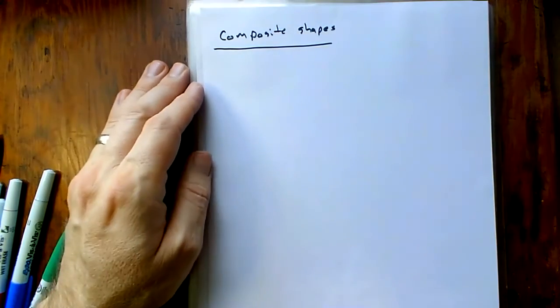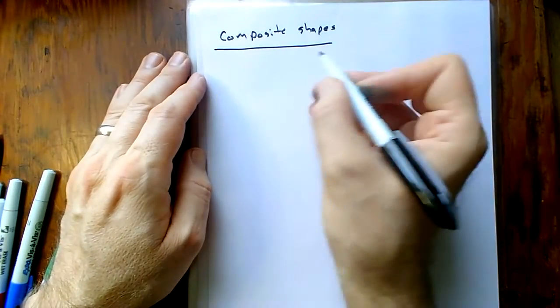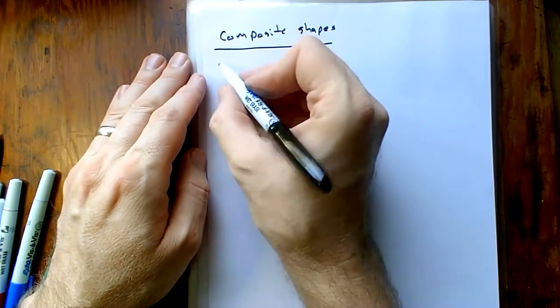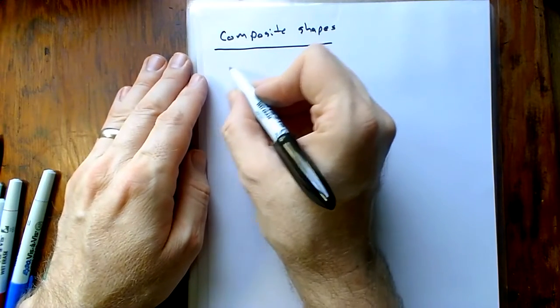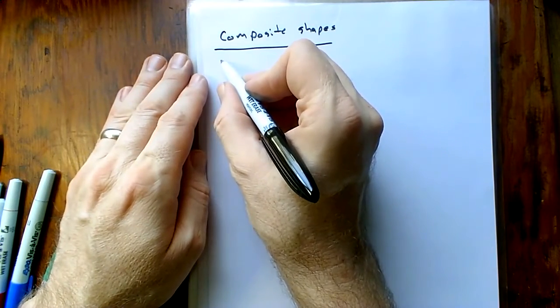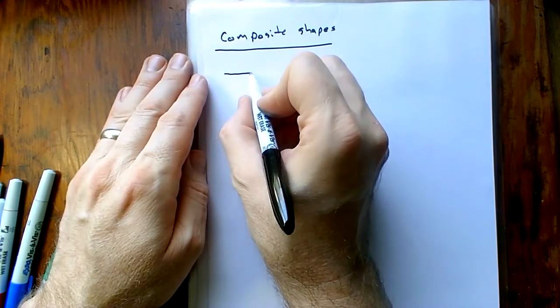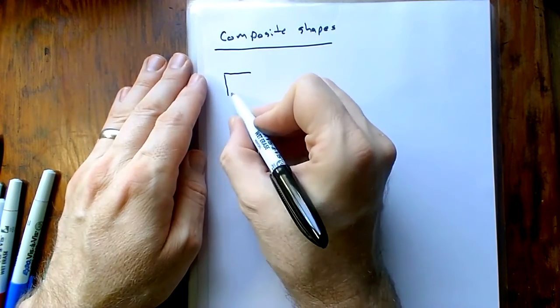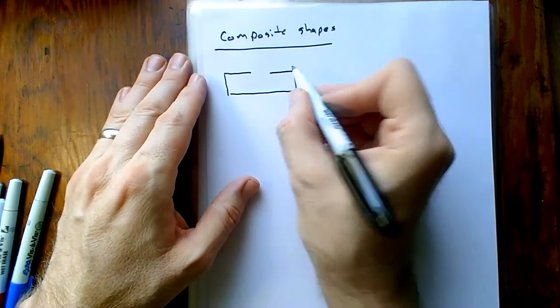One of the most common ones that you're going to run into are things like stairs or a different box. So I could end up with, oh, let's say a Tetris piece.